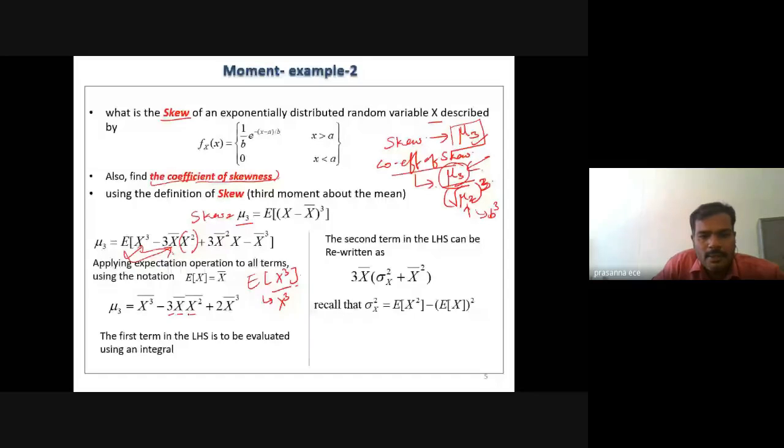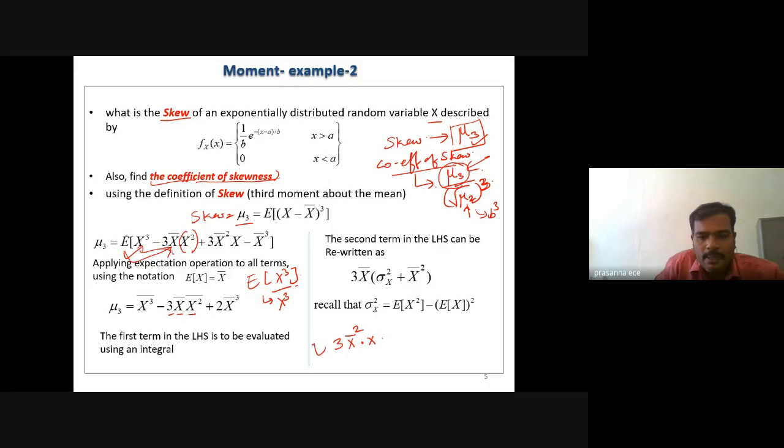Here we have x bar the whole square. Is that clear? It is 3 x bar the whole square into x.